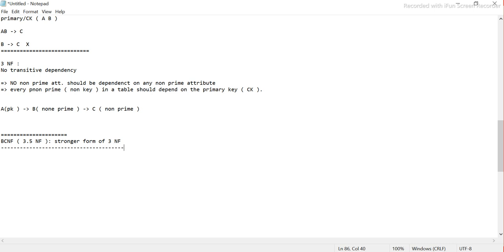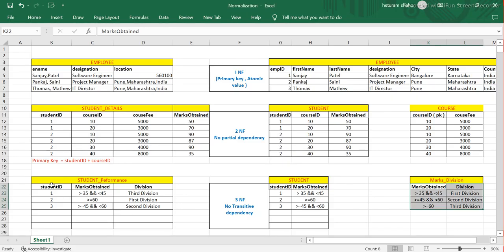Why is it called that? Because in 3NF, let's say I have A. In this case, what was that? Student ID, right? Let's say it is A, and then you had the other column, this one actually. I'll just take this.